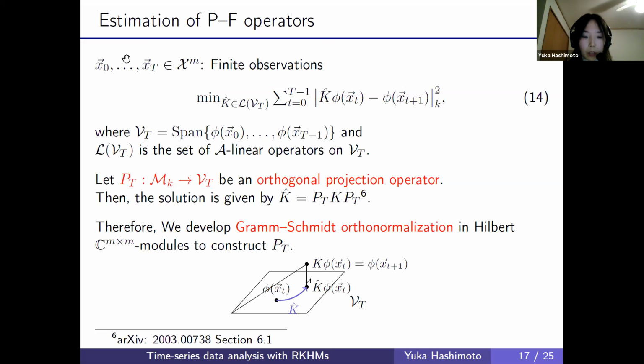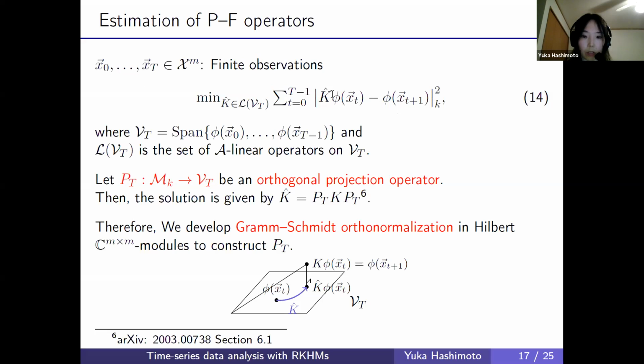And in practical situations, we are only given finite observations, and we want to understand the original dynamical systems by using these finite observations. And for this purpose, we consider the minimization program like equation 14. And here we consider minimizing the difference between these two vectors because the Perron-Frobenius operator describes the time evolution of the dynamical system.